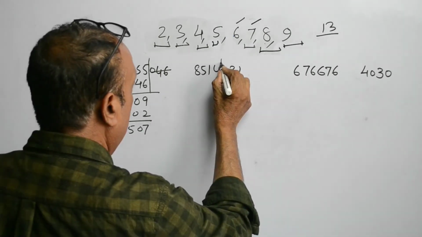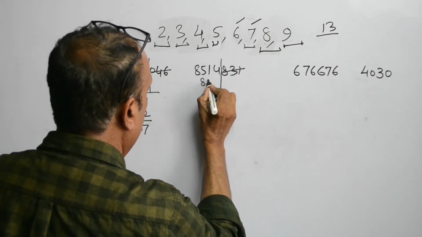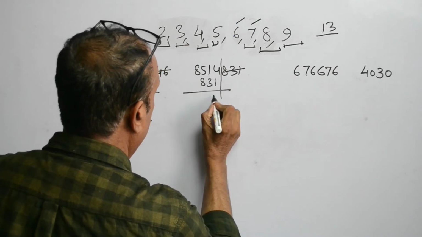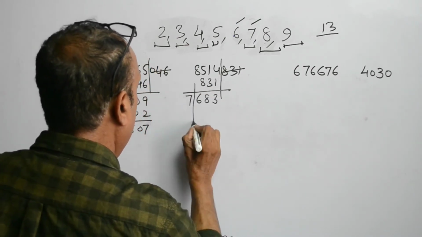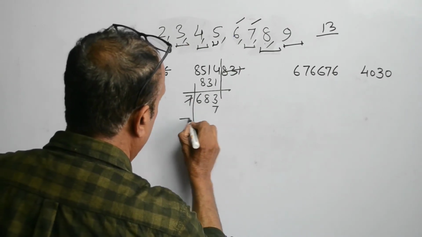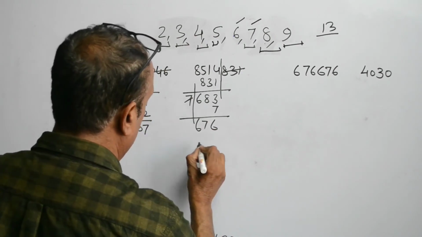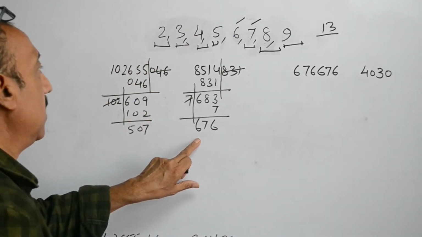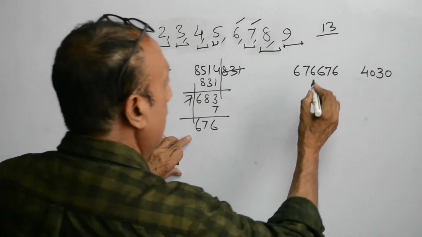So from 8514 we subtract 831. So it is 7, 6, 8, 3. Subtract 7 from this one and we get 676. If this 3-digit number is divisible by 13, then this number is also divisible by 13.